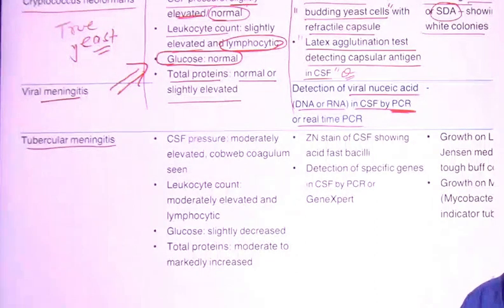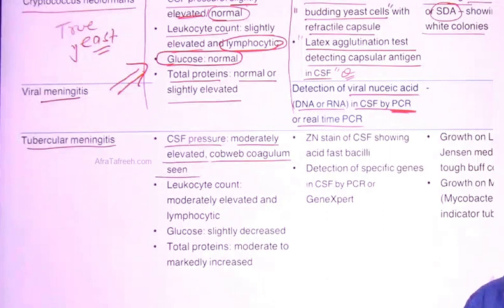Tubercular meningitis. Another important entity as far as India is concerned is tubercular meningitis, associated with subacute and chronic presentations. The CSF pressure is moderately elevated, not very highly elevated like in the pyogenic, but moderately elevated. The cobweb coagulum is observed because of the fibrin content.